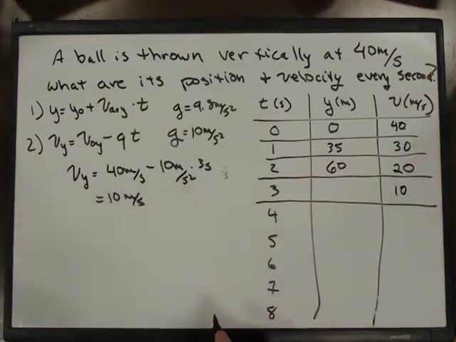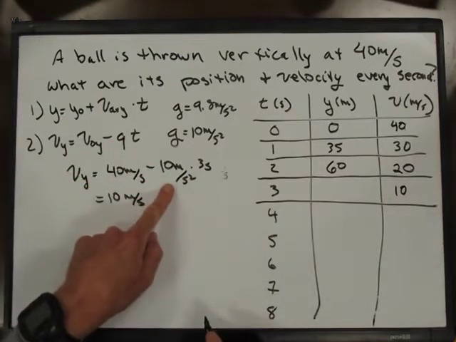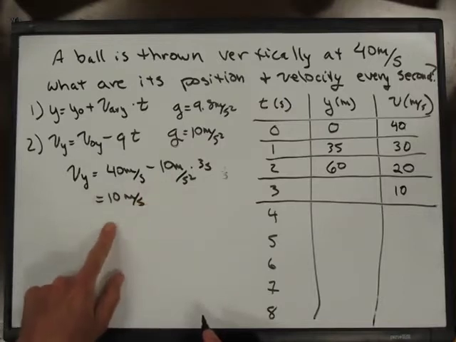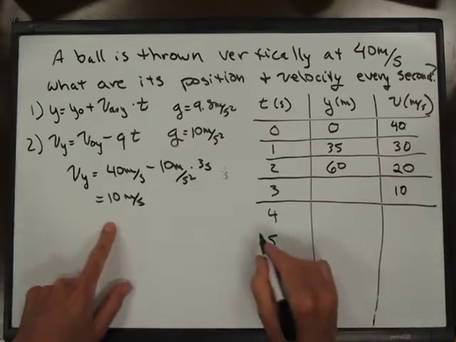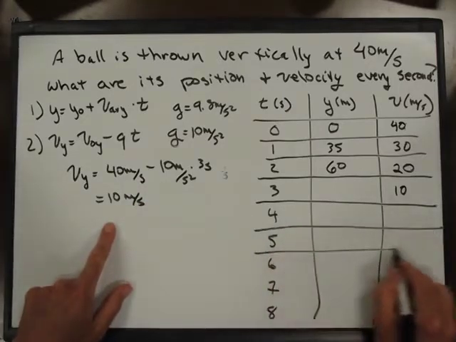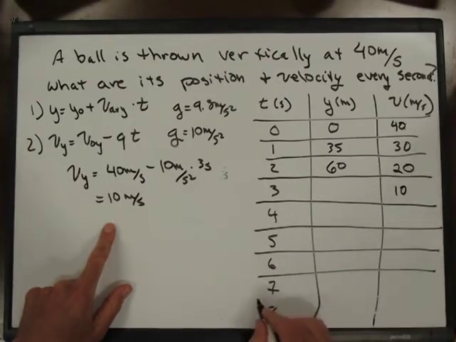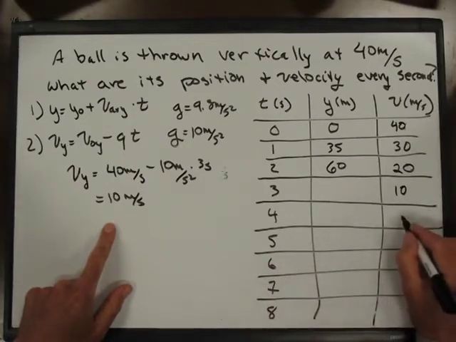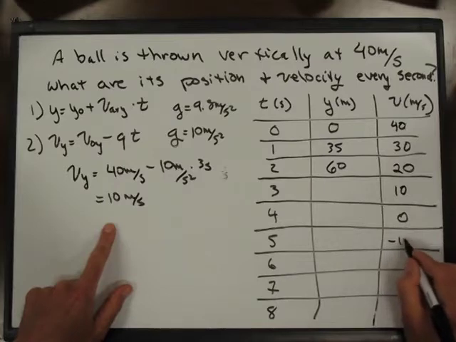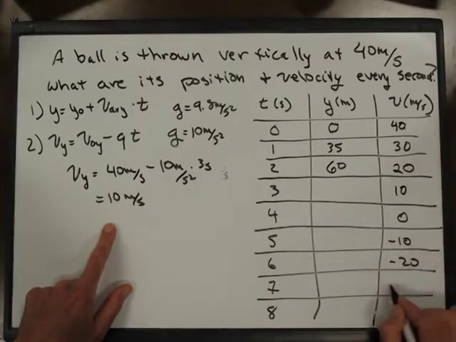You can see that every second that goes by, another 10 meters per second gets subtracted off the velocity. And so if we wanted to, we could say, look, this next guy is going to be 0, and then minus 10, minus 20, minus 30, minus 40.